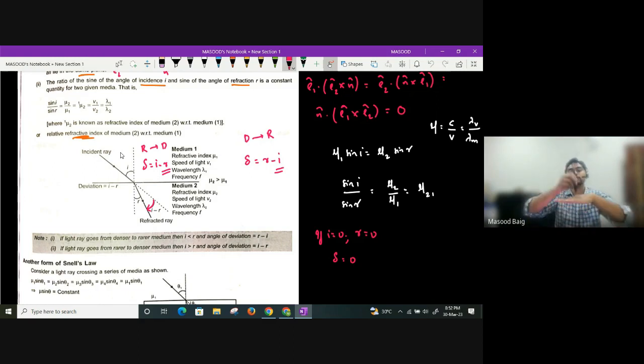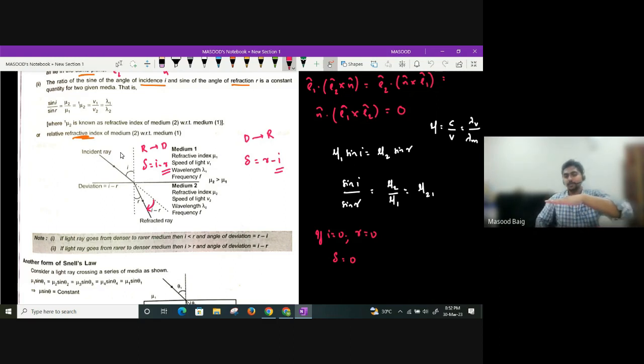For normal incidence on a reflecting surface, what is the condition? If the incident ray is along the normal for a reflecting surface, will it retrace its path back or not? Yes, we got deviation as 180 degrees, guys. But if you have a refracting surface, how much is the deviation? 0.